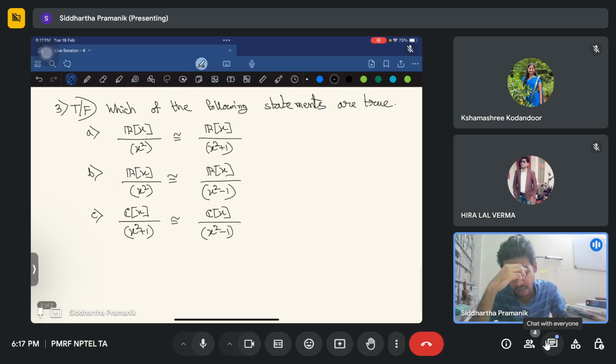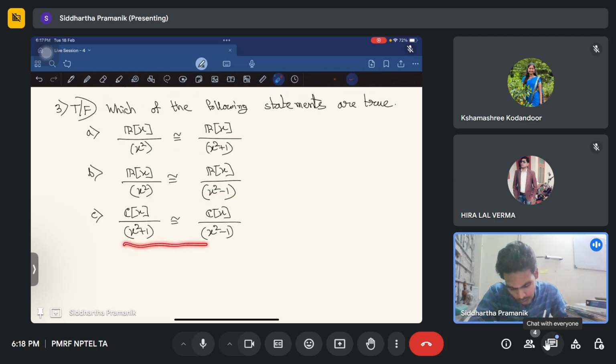So we have three statements. In the first one, we have R[x] mod x squared isomorphic to R[x] mod x squared plus 1. In the second, R[x] mod x squared is isomorphic with R[x] mod x squared minus 1.